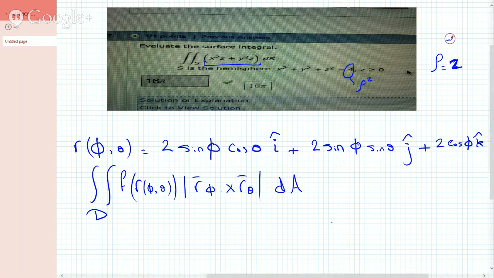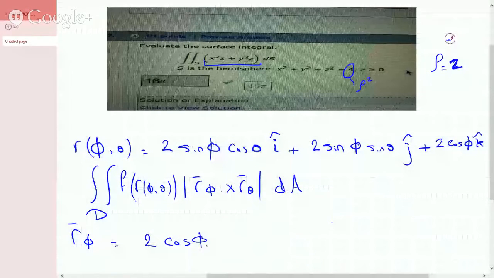Okay, so let's start by taking the partial derivatives, r phi. So we hold theta constant, we differentiate with respect to phi. So we get minus 2 cosine phi cosine theta.